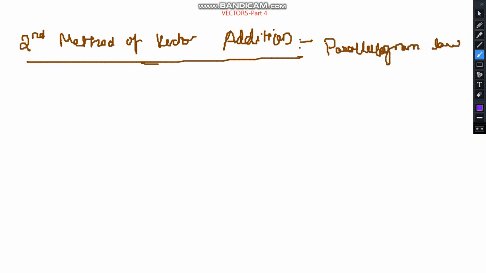So basically, if there is an a vector and a b vector like this. Suppose the a vector is 3 i cap, and the b vector is 2 i cap plus 5 j cap.